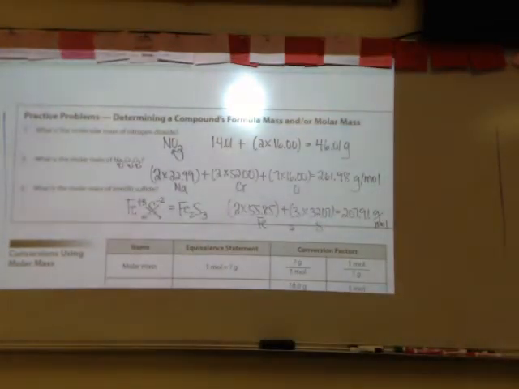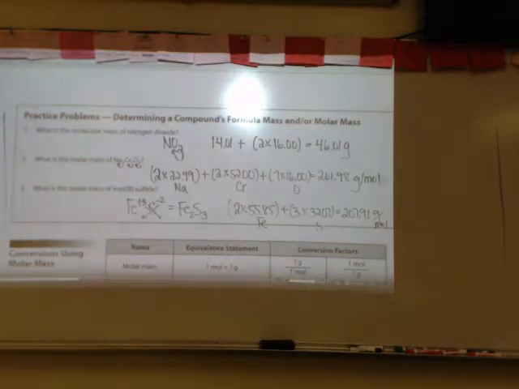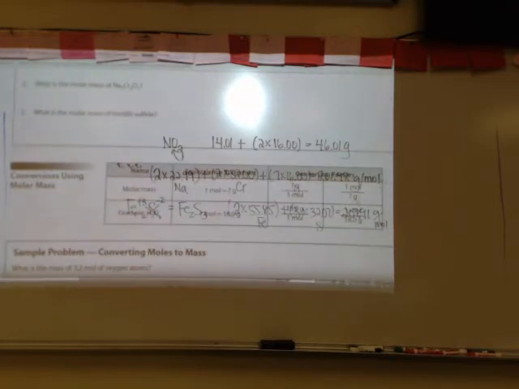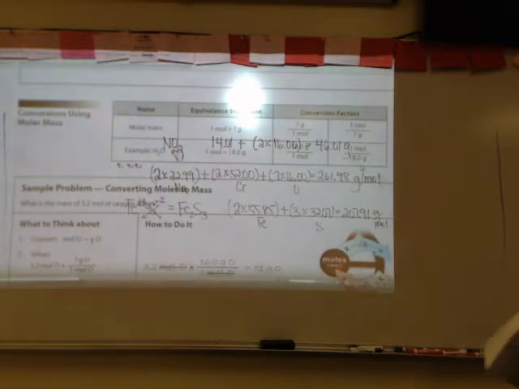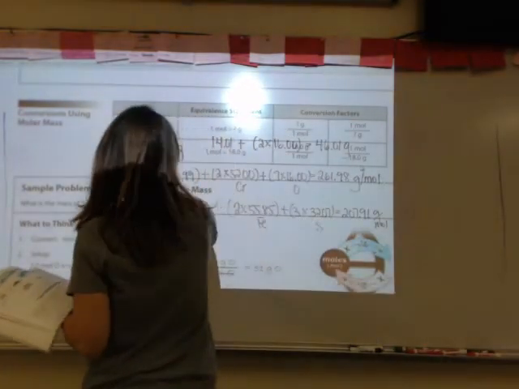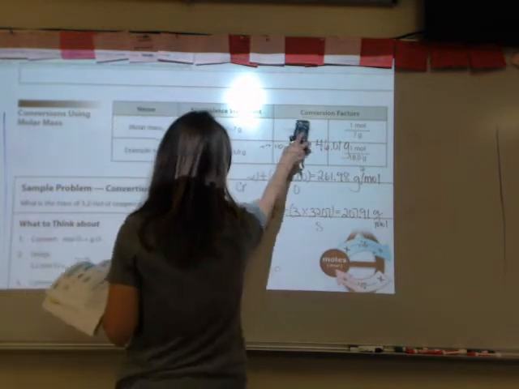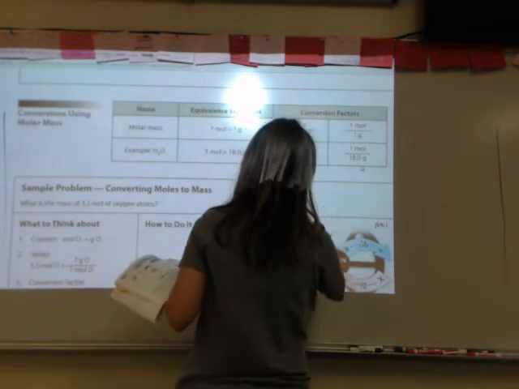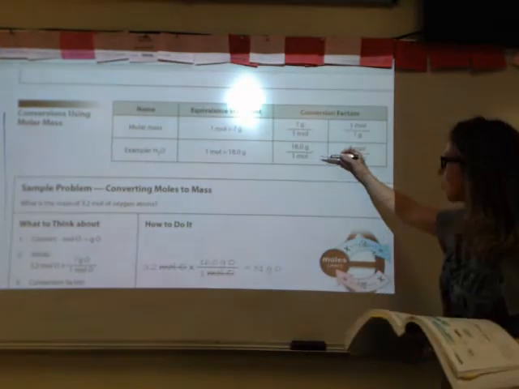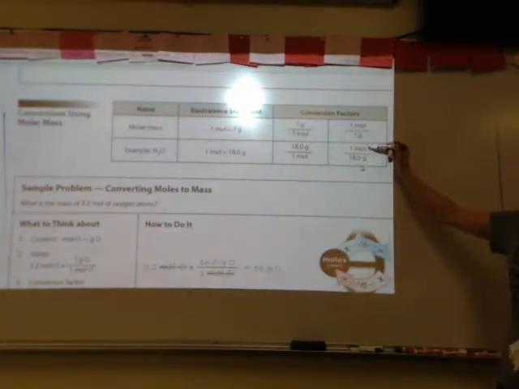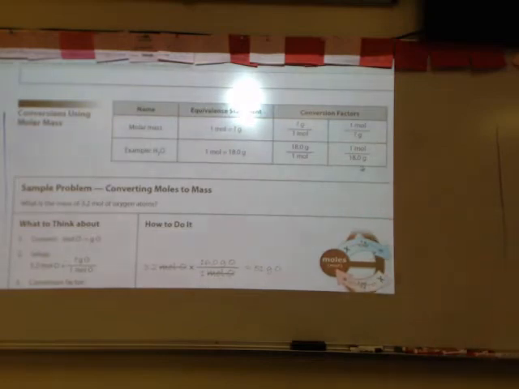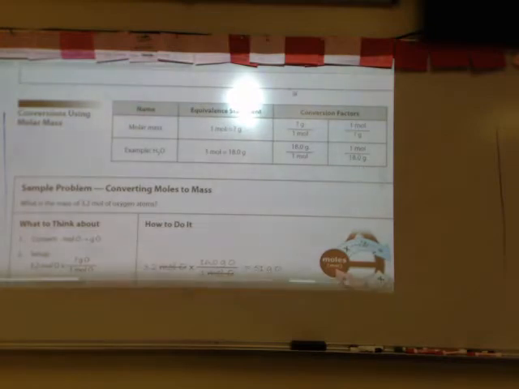Now, we are using the molar mass as a conversion between grams and moles since its unit is grams per mole. So you know that you can write the equivalent statement, like a mole of water is 18.02 grams. You know that you could write that 2 different ways, with the mole on the bottom or the mole on the top of the fraction. And we can use it, depending upon our needs, to convert between grams or moles.